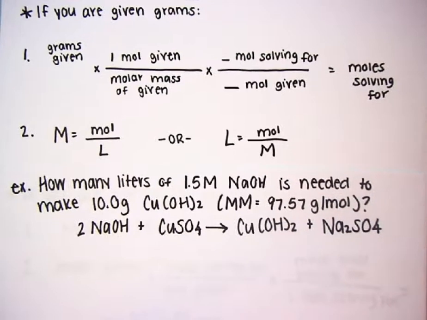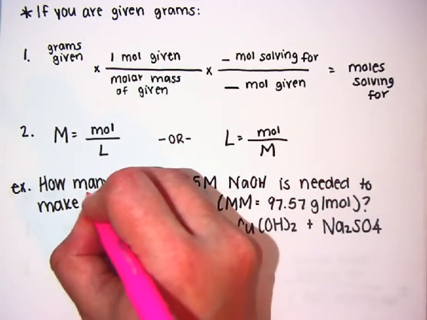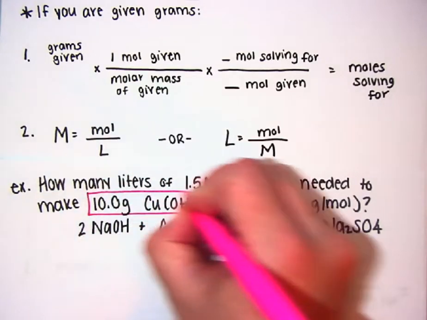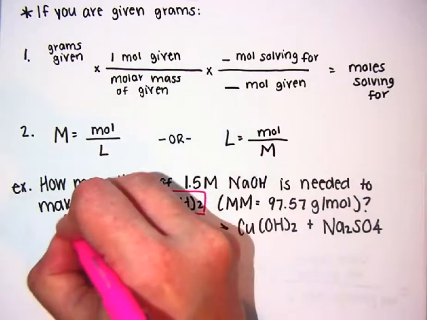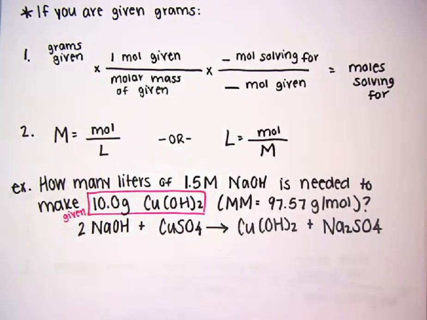All right, so notice in this problem, we are given grams. So we're going to follow this template if you are given grams. My given is 10.0 grams copper 2 hydroxide.